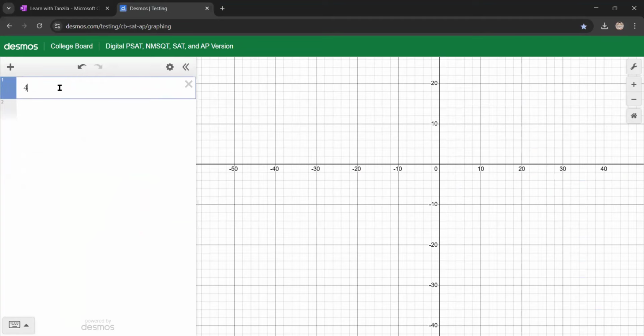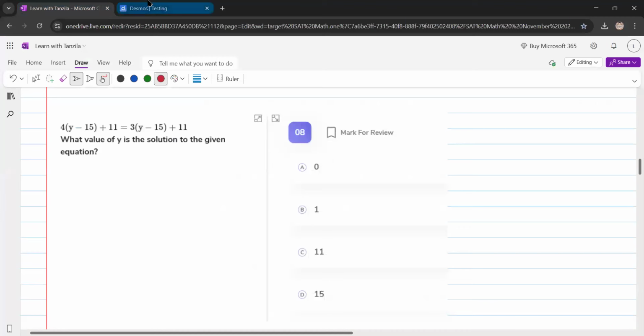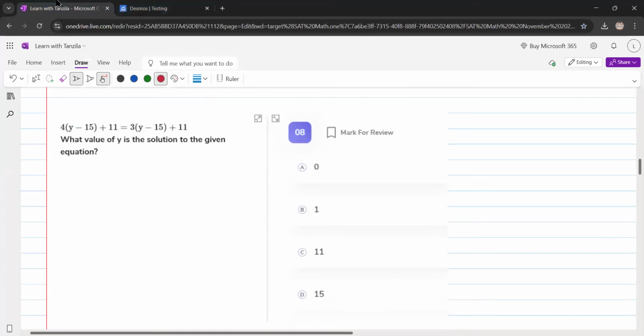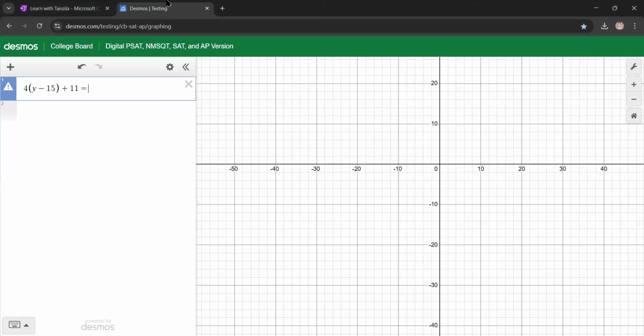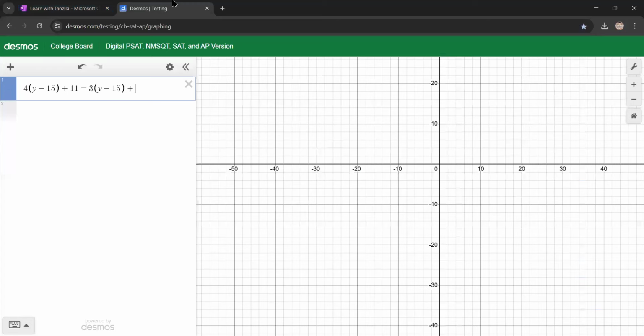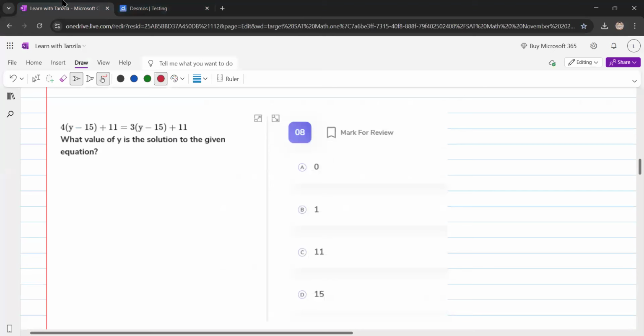It is 4, then I had something. y minus 15, y minus 15 plus 11 equals 3 times, and then I have this whole thing. I'll copy it, paste it, plus 11. So the y is 15. Done.